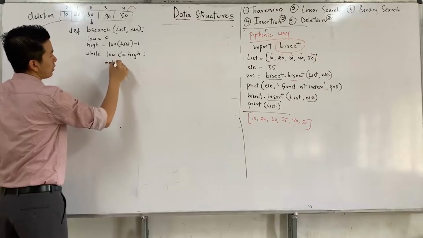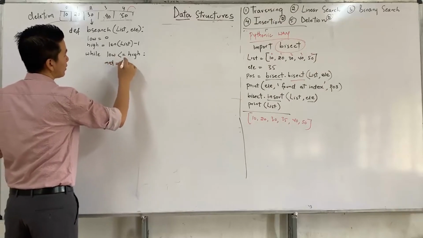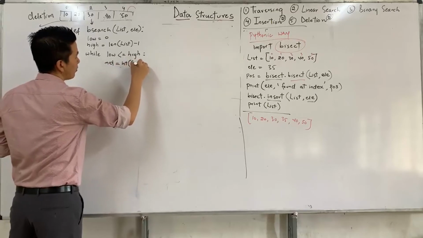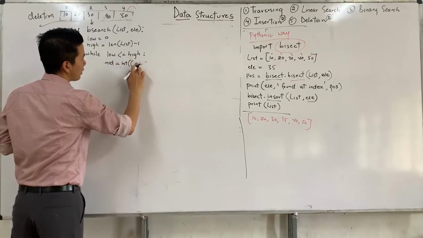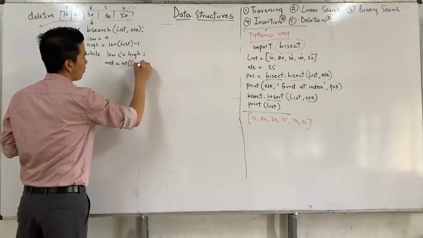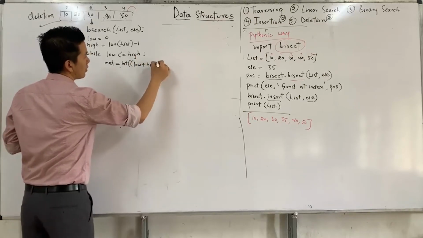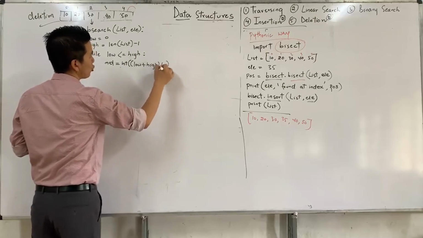Mid equals int of low plus high, divided by 2.